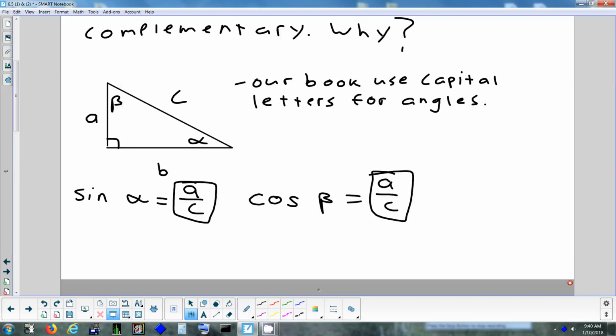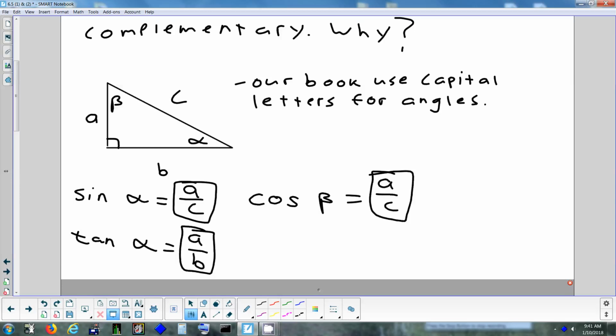Right, let's try one more. Let's do the tangent of alpha. Sam, what's the tangent of alpha? A over B. All right.